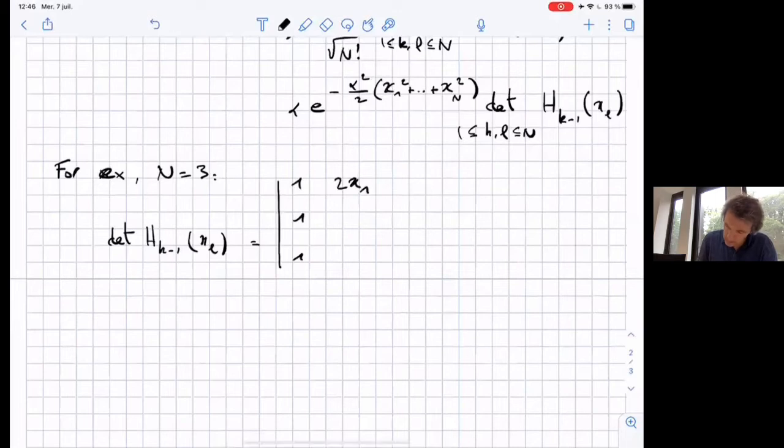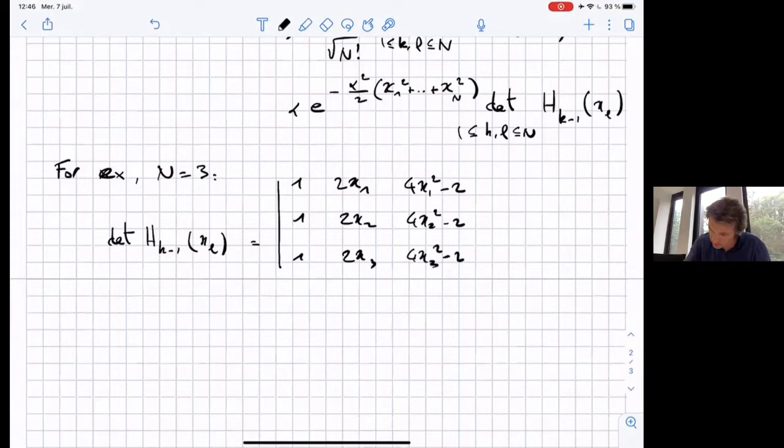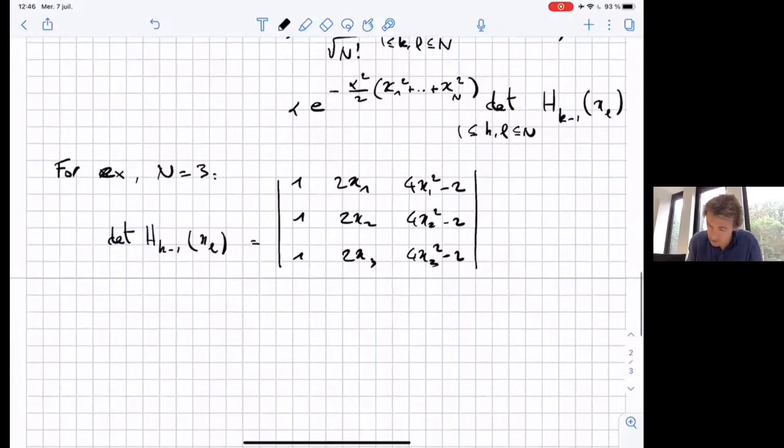I will get 2x1, 2x2, 2x3, and then I will get 4x1 squared minus 2, and 4x2 squared minus 3. Okay, so this is relatively easy to evaluate now, because you see I can manipulate it.